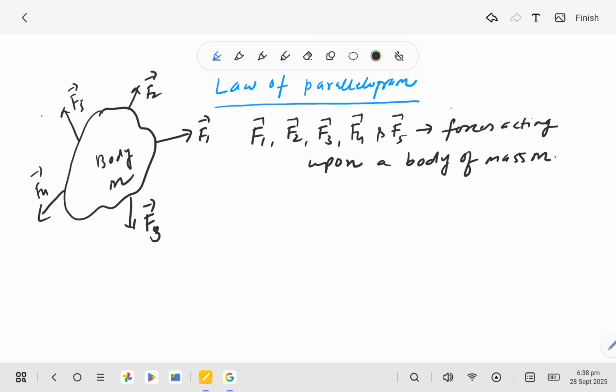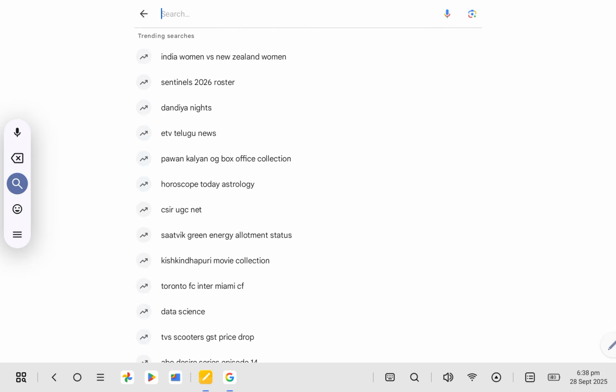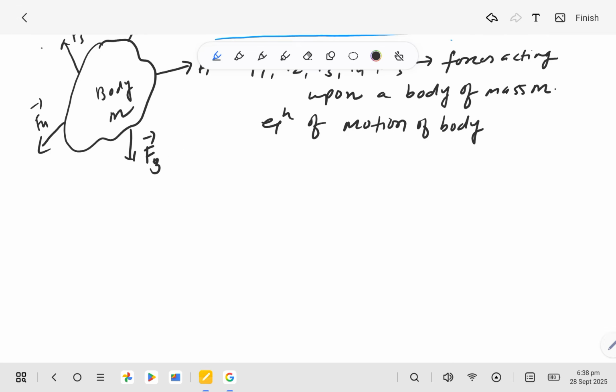So if you want to write the equation of motion for this body of mass m, so this is the equation of the motion of the body.